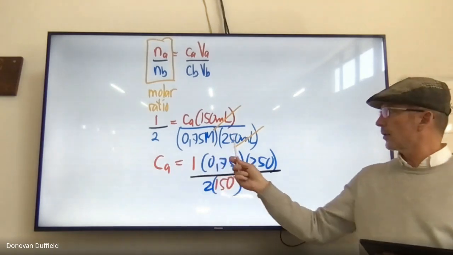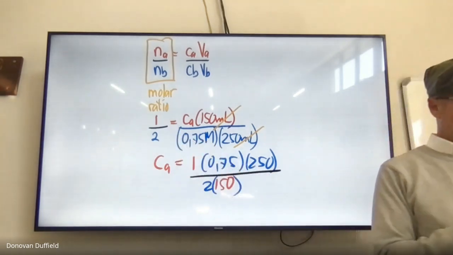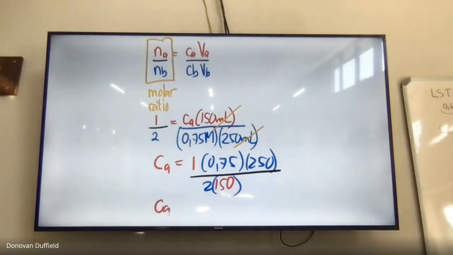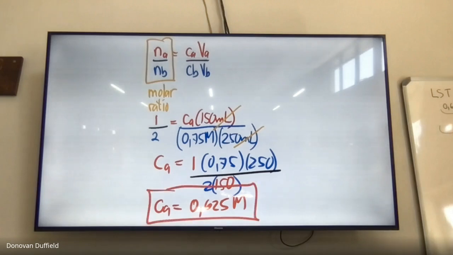We take the product of this and you multiply it by 1. And drum roll, 0.75 times 250 divided by 300, 0.625 moles per cubic decimeter.